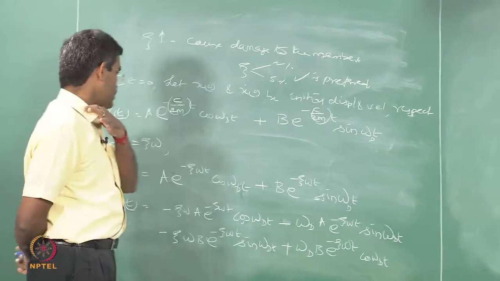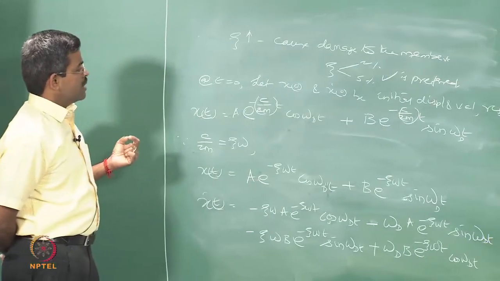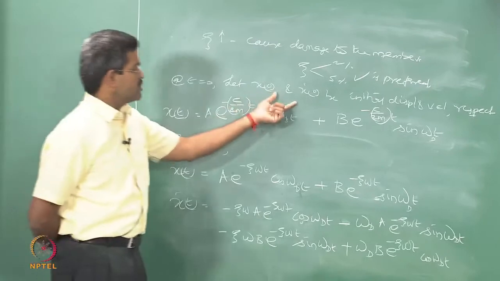Okay. Let us now substitute the initial conditions, where x naught and x dot naught are the displacement and velocity at t equal to 0.